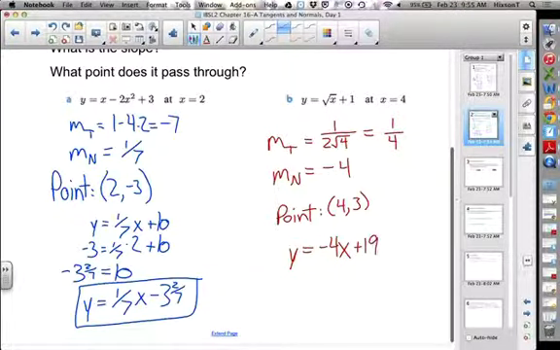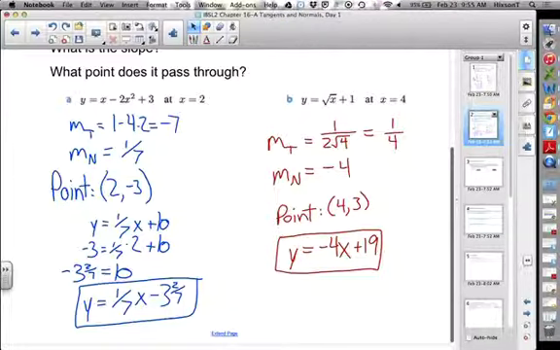If you plug in the 4 here, you get negative 16. You plug the 3 in here, and then add the 16 to both sides, you get 19 for B. So there's our normal line. Any questions so far?